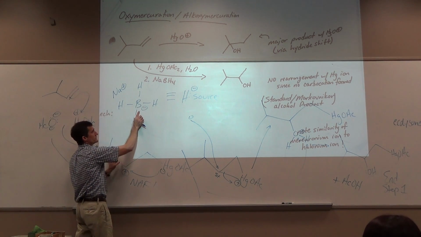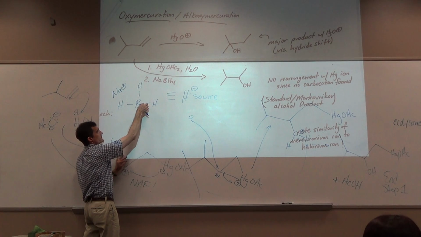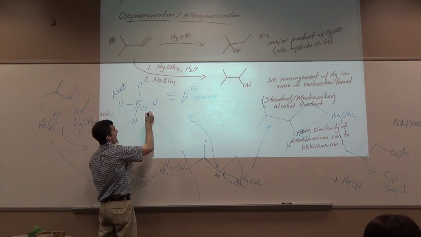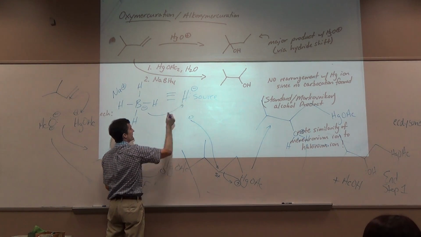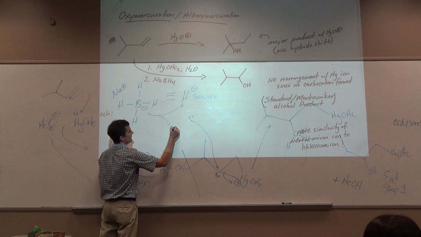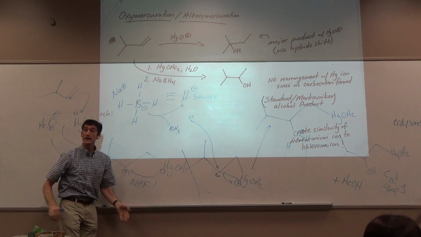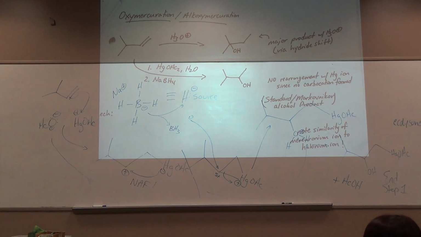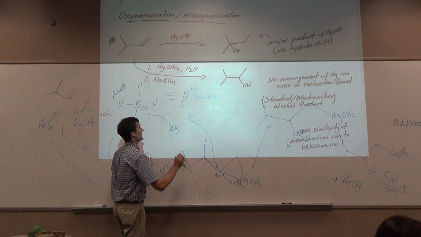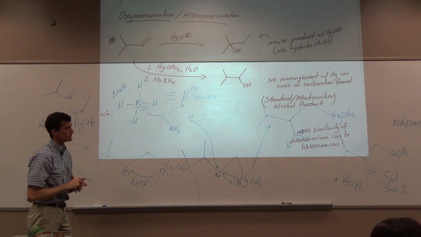See, boron says here, H, you and your 2 electrons take a hike. And when the H and the two electrons take a hike, what does the boron become? It just becomes BH3, which is neutral. So borohydride is like, here, H and the electrons go. So ultimately, H and two electrons can go react with something. That's why it's a hydride source.